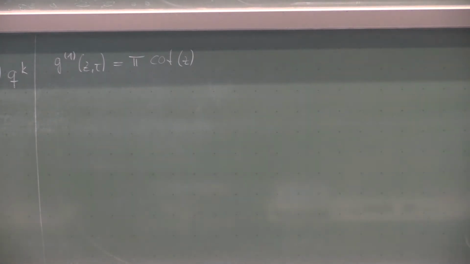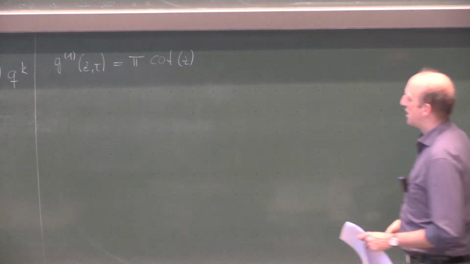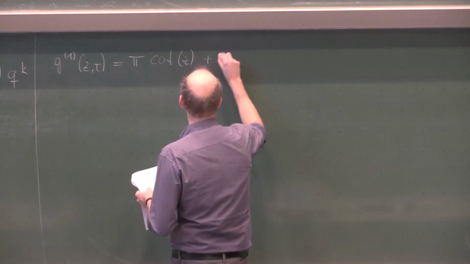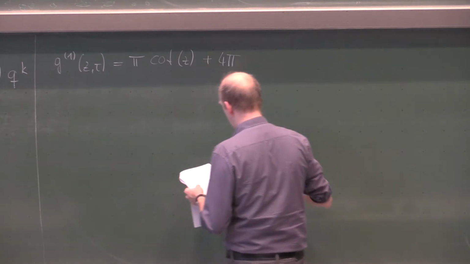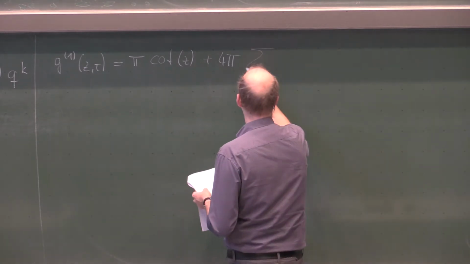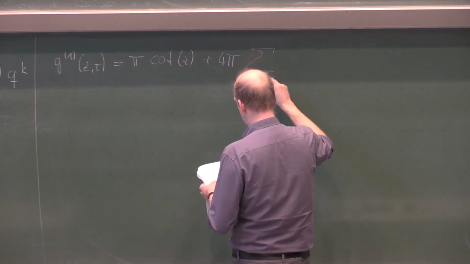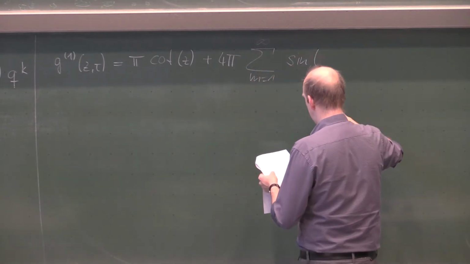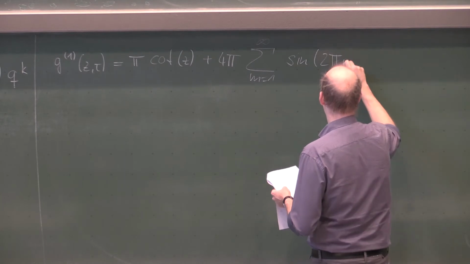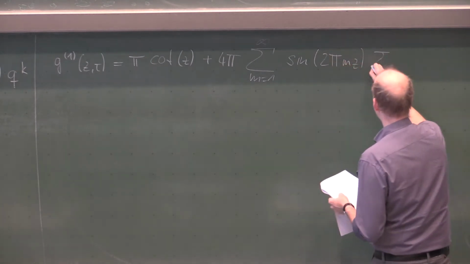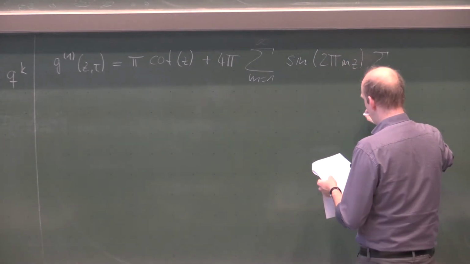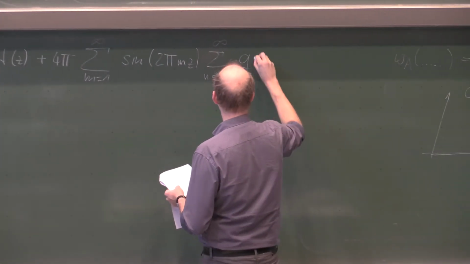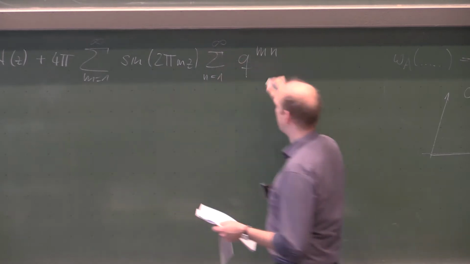In the limit z goes to 0, that will behave like a 1 over z pole. And then there is a Q expansion which comes along with that: 4 pi, sum m equal 1 to infinity, then some sine function 2 pi m z, and another sum n equal 1 to infinity, and then we have q to the power m n.